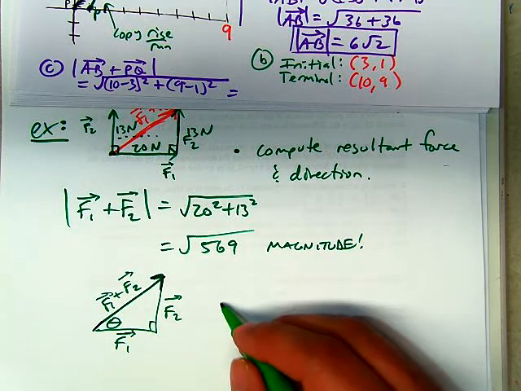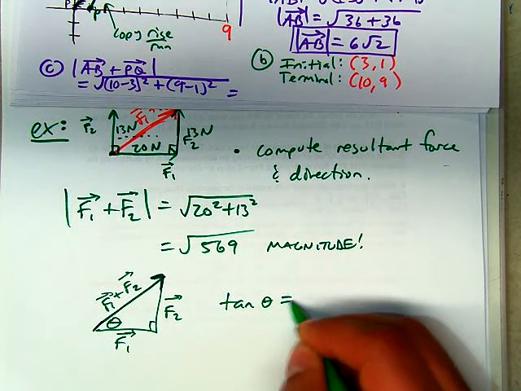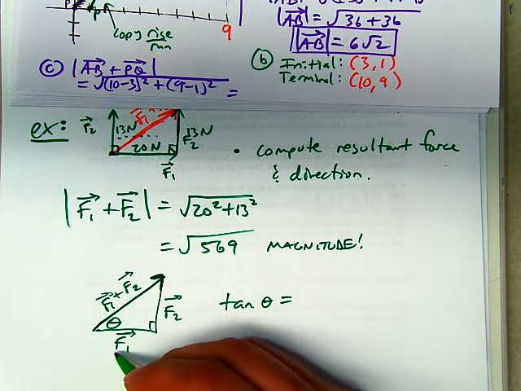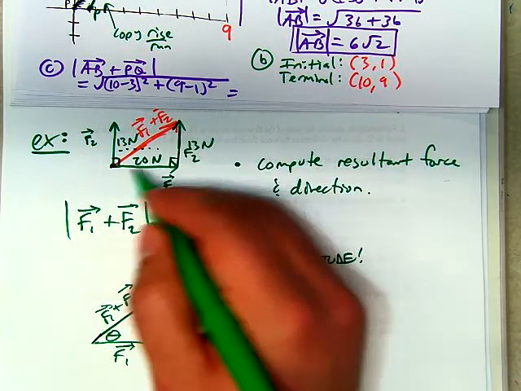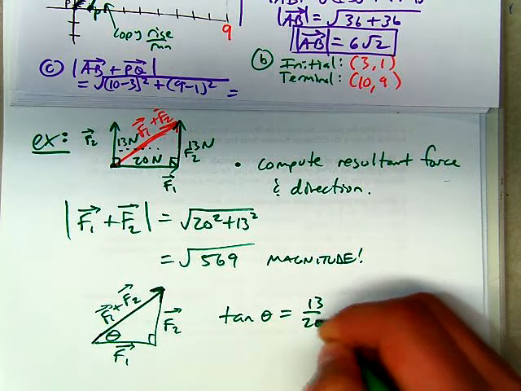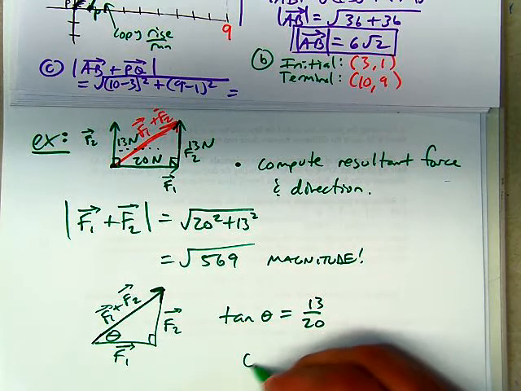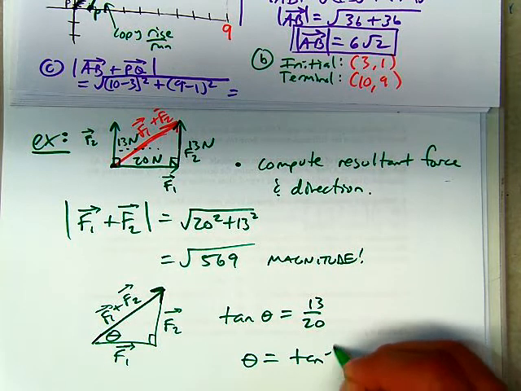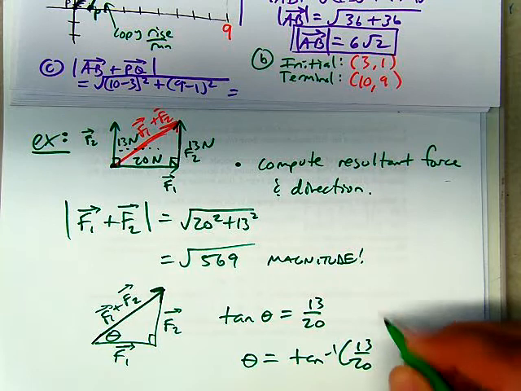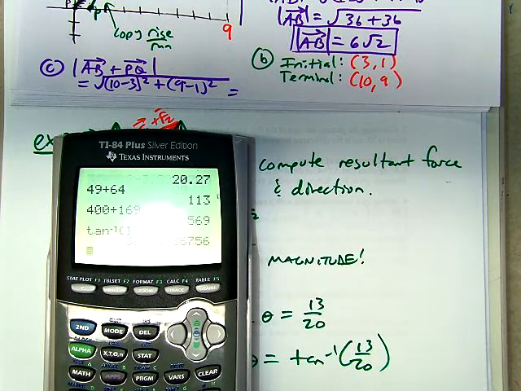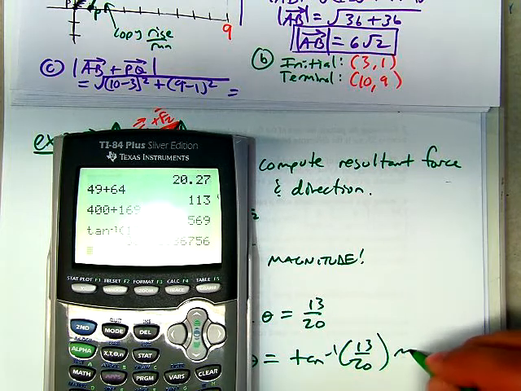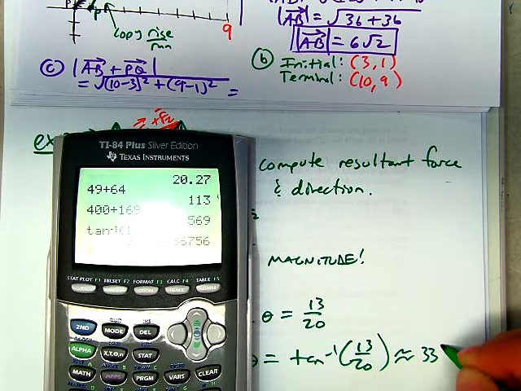We can find this angle using tangent because the tangent of theta is going to be opposite over adjacent, and we know that opposite was 13 and adjacent was 20. So if I do tangent theta equals 13 over 20, then I can do the inverse tangent of 13 over 20, which is going to be, make sure you're in degree mode, about 33 degrees.